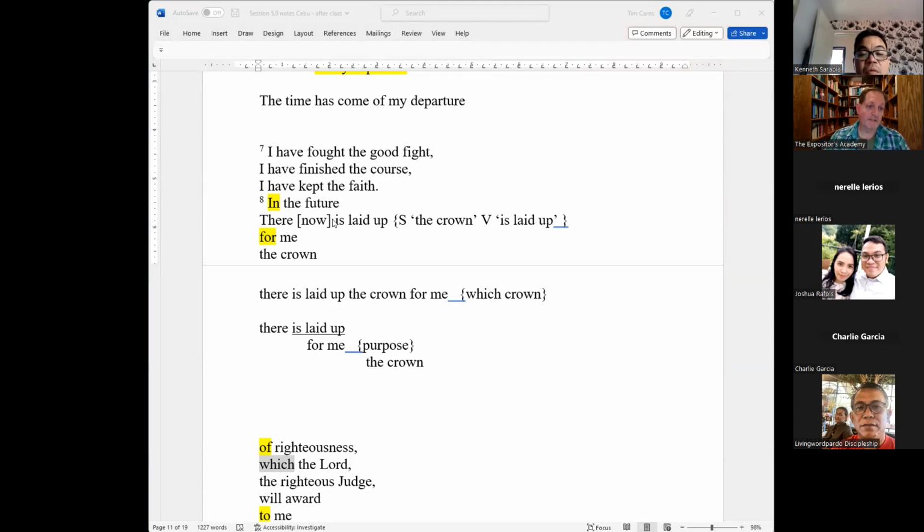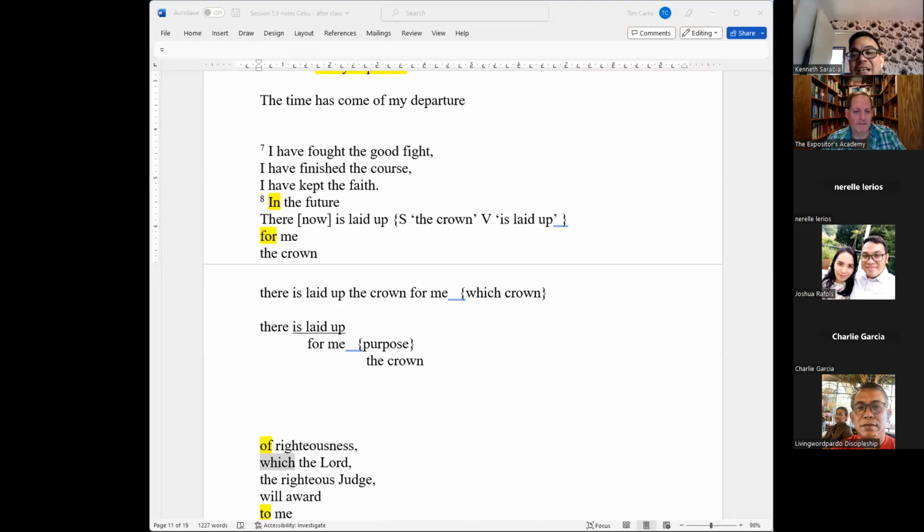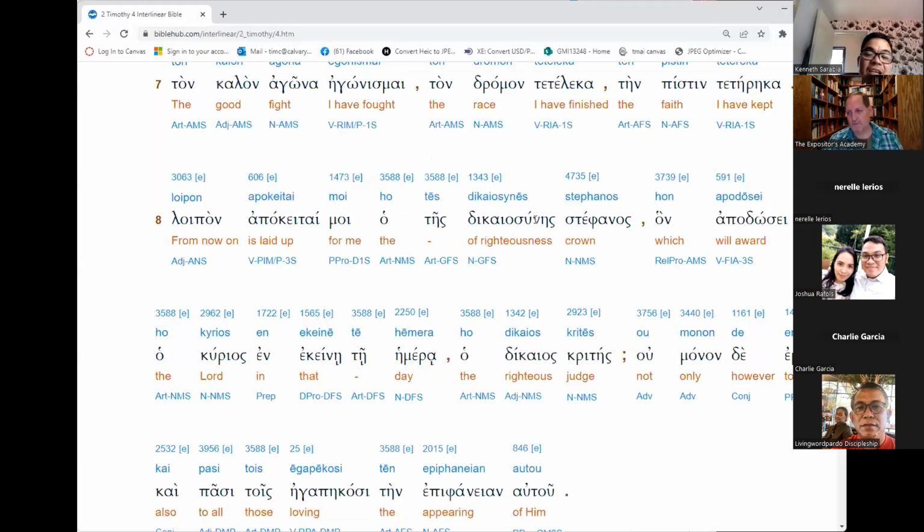Yes. So basically now, or at this point, the crown is laid up. Now we really need Greek work, but hopefully you can see that though. Again, I was hoping you could notice that just from the interlinear here. Yes, knowing Greek would be really what we need.